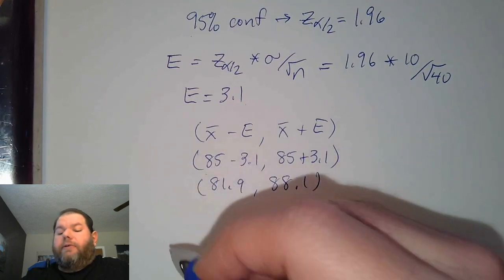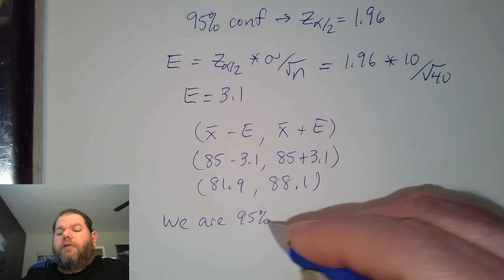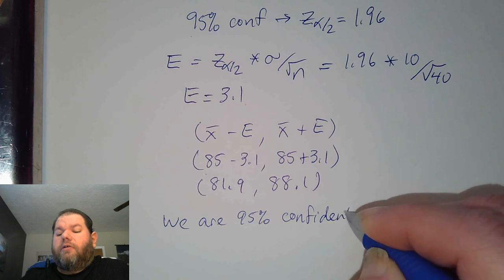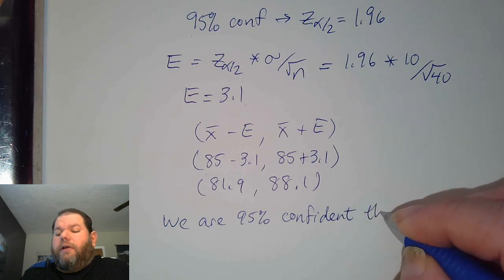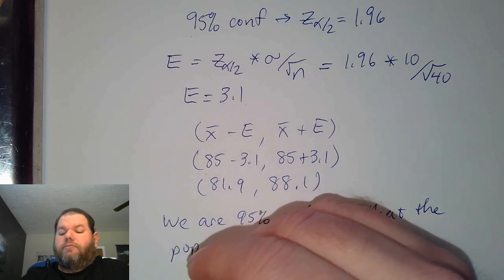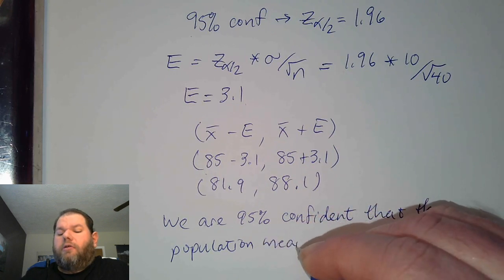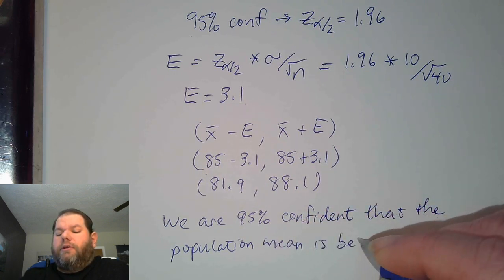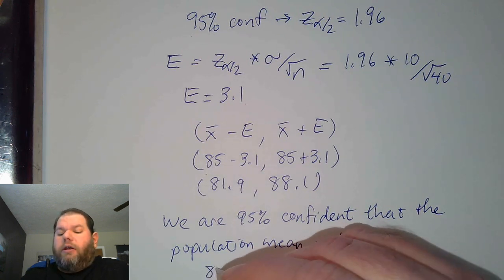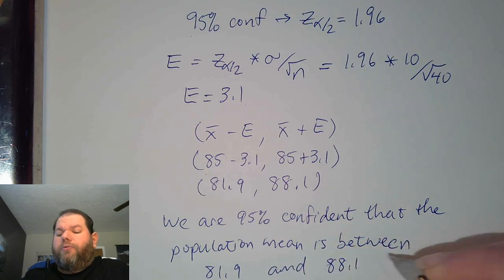So now we can say we are 95% confident that the population mean is between 81.9 and 88.1.